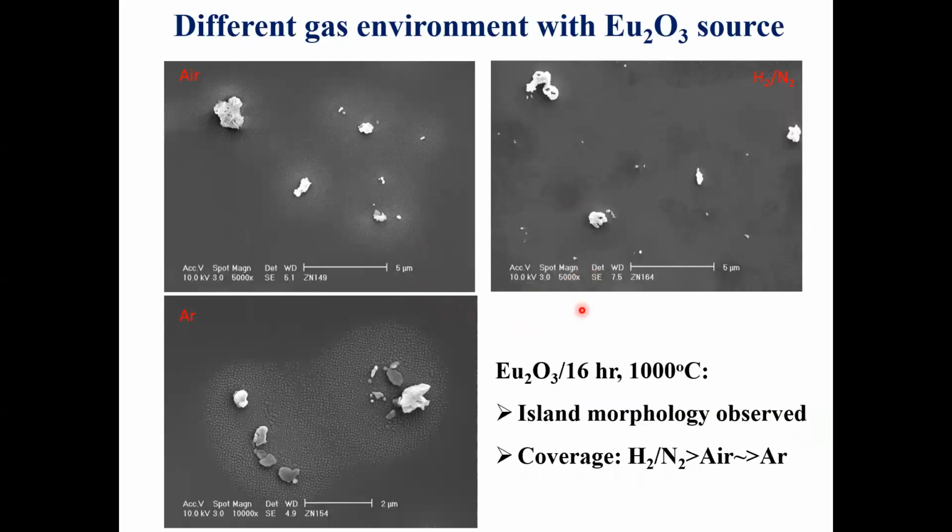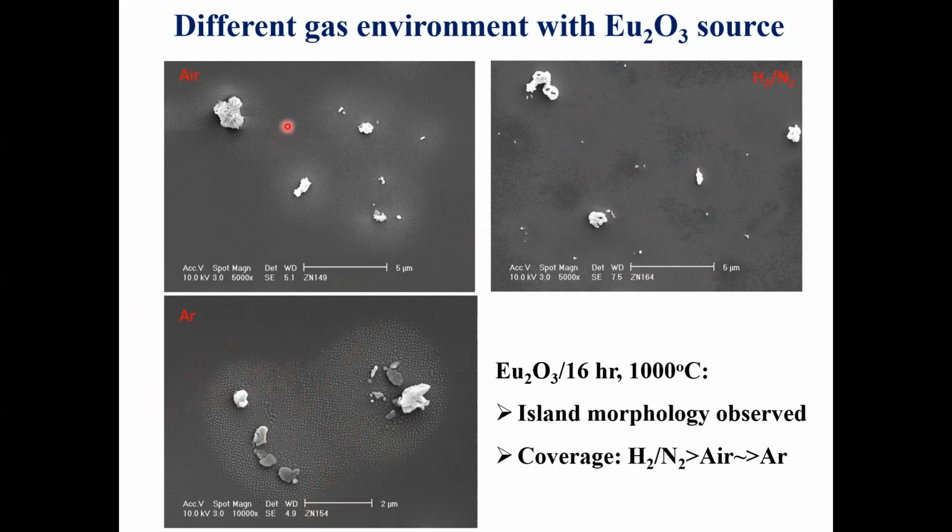We looked at the effect of air, argon gas, and hydrogen, nitrogen. So this is in air. You see the extent of the nano-island formation. This is in hydrogen, nitrogen environment, pretty robust. And this is a different magnification, but in argon.